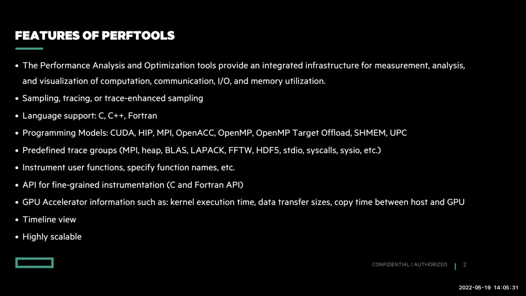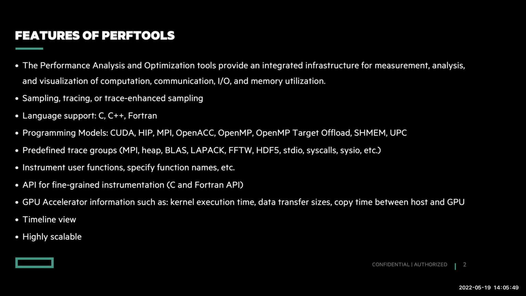We also have predefined trace groups. These help enhance the readability in the reports by automatically categorizing certain metrics by these groups, and we'll see some examples of that later, such as with MPI.